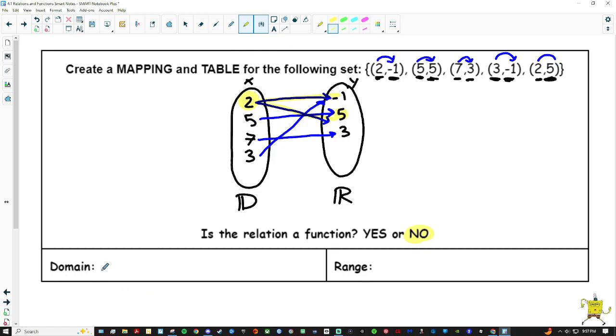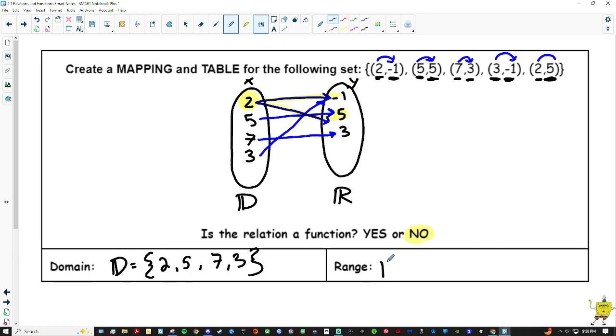Okay, when we're writing our domain, remember our domain is all of our x values. So to write it, we do a capital D, our bracket, and it's all of our x values: 2, 5, 7, 3, bracket.